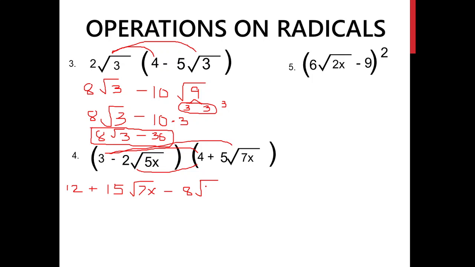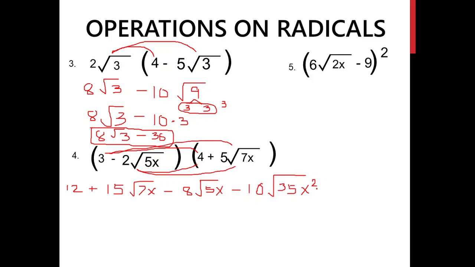So you have square root of 5x. Next, this one multiplied here. So that's negative 2 times 5 is negative 10. And then 5 times 7, that is 35. X times x, that is x squared.